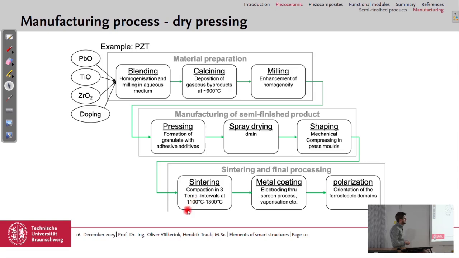It's performed between 1100 and 1300 degrees Celsius. Then we need, of course, the metal coating to apply the electrodes, to be able to apply the electric field if we want to use it as actuator or sensor. And afterwards the polarization we spoke about yesterday to macroscopically use the piezoceramic effect.